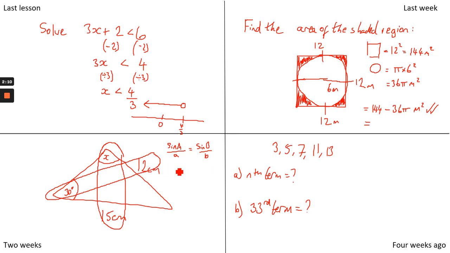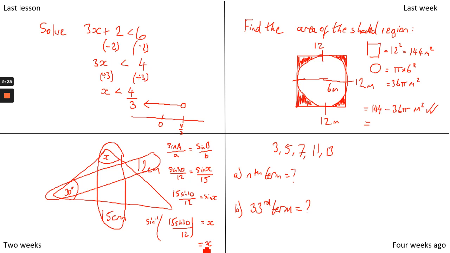So we've got sine 30 over 12 is equal to sine x over 15. If we rearrange, we can get 15 sine 30 over 12 is equal to sine x. So then to work out what x is, we're going to do the inverse of sine of 15 sine 30 over 12.